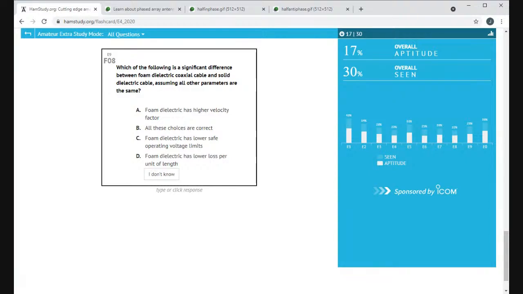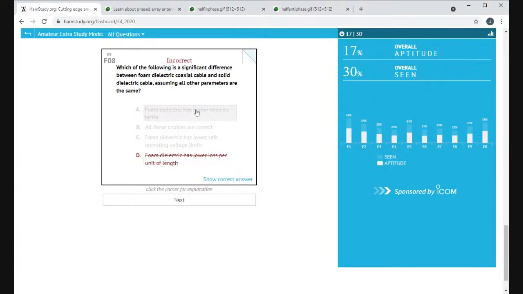D. Foam dielectric has lower loss per unit of length. I'm going to guess D. Nope. It is B. All of these answers are correct.